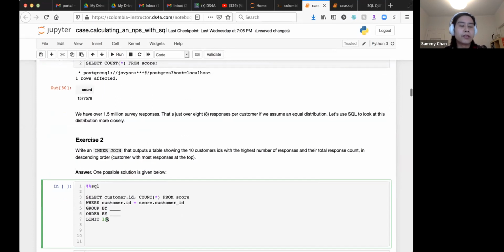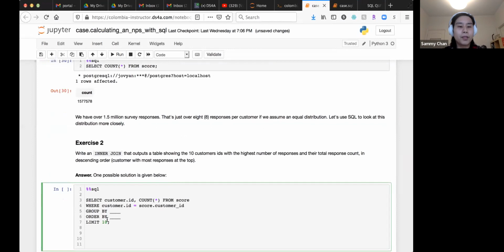Otherwise, it would give us an error. I think that's the same syntax for MySQL as well. If you're using a MySQL server, which is also pretty common, you also need to put a semicolon in all of the commands that you run.